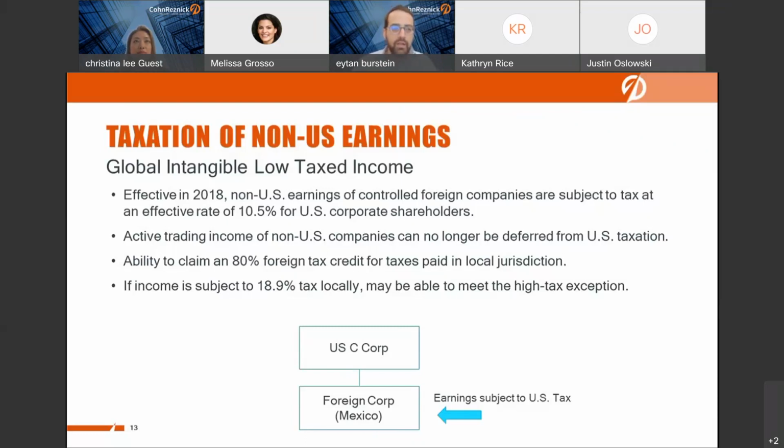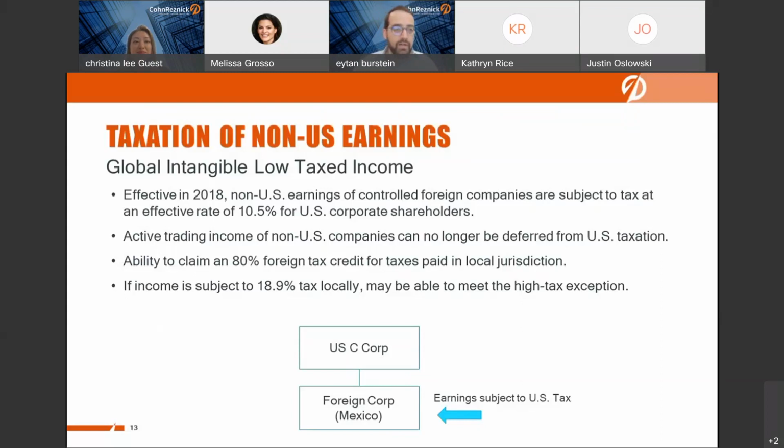And in 2018, essentially, a lot of those earnings of the non-US subsidiaries have become subject to US tax under the GILTI provision. The GILTI tax is taxed at ordinary rates, depending on, obviously, the owner, whether that's a US individual, or if that's a US C corporation, that's 21%. However, corporations do get what's called a Section 250 deduction. I promised I'd stay away from a lot of code sections, but that's just one.